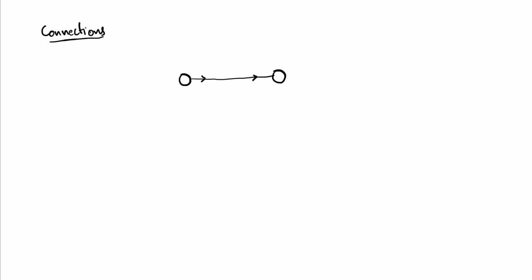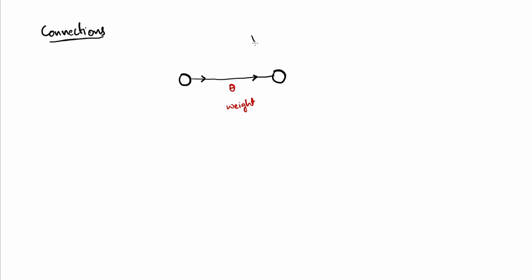Each connection has one parameter that is called weight. I'm representing weight by theta. So what is this weight? Weight will tell the neuron to respond more to one input and less to another.